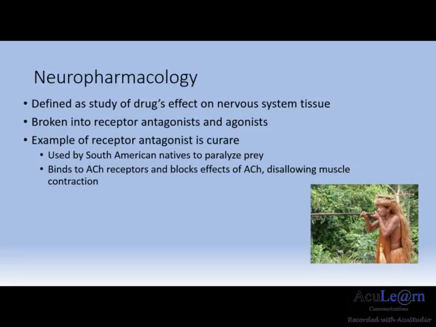An example of a receptor antagonist is curare. Curare is a poison applied at the tip of arrows and darts by South American natives to paralyze prey. Curare acts by binding to acetylcholine receptors on skeletal muscle and antagonizes the effects of acetylcholine, thus preventing muscle contraction.